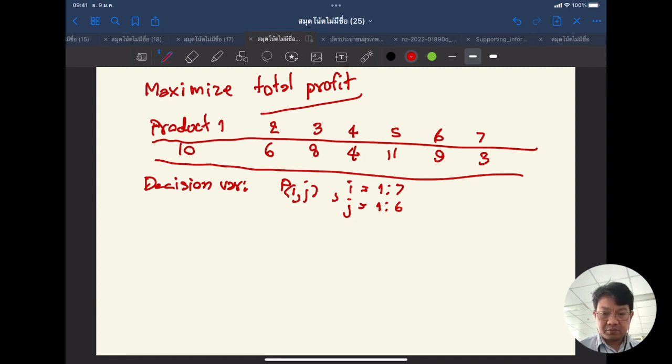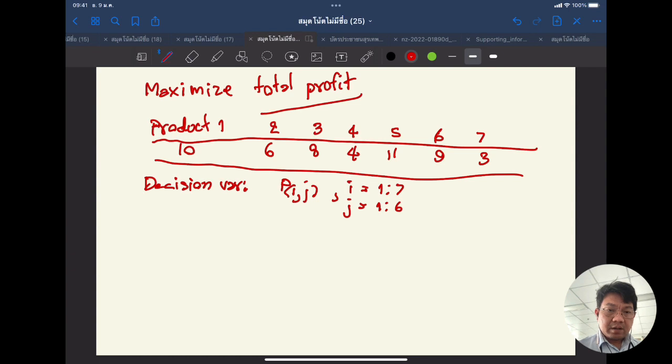To make things simple, we write Pij, which is only one variable, but that variable is a matrix, of course. The contribution of each product is constant through time. No matter whether we sell the product in the first month or the second month, it will be the same.